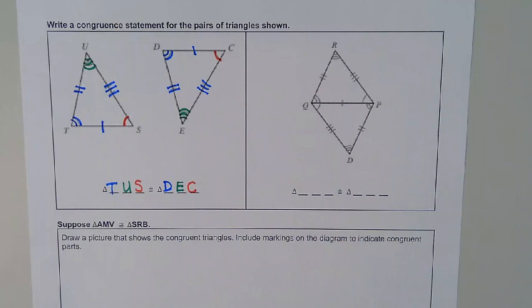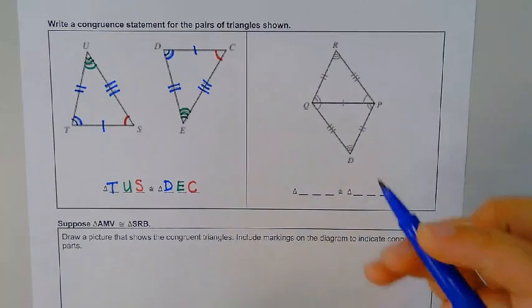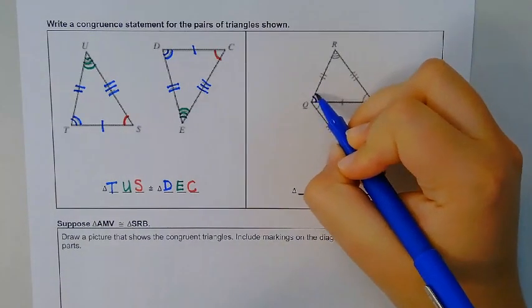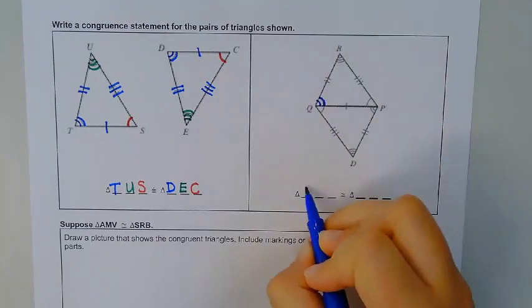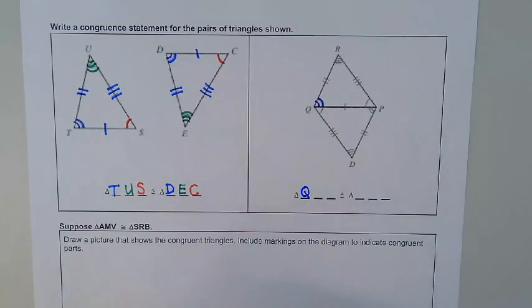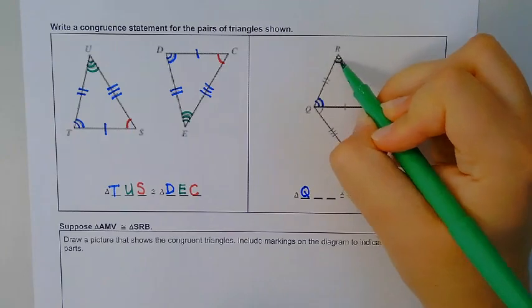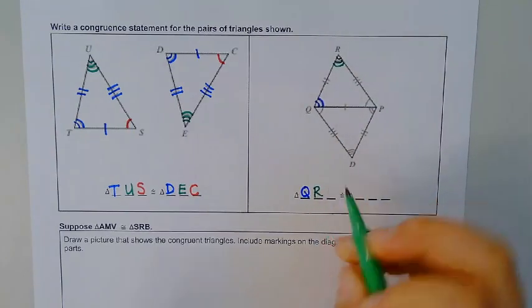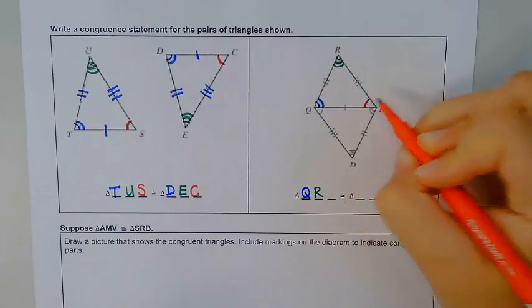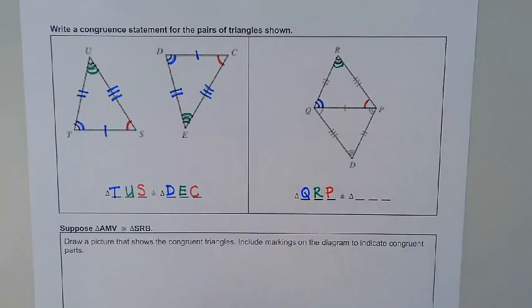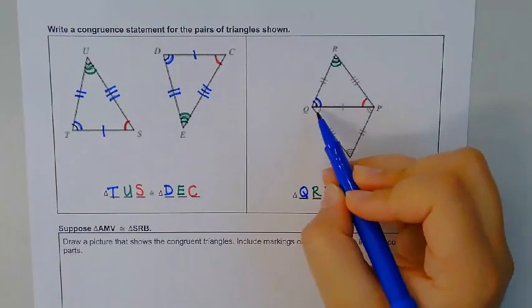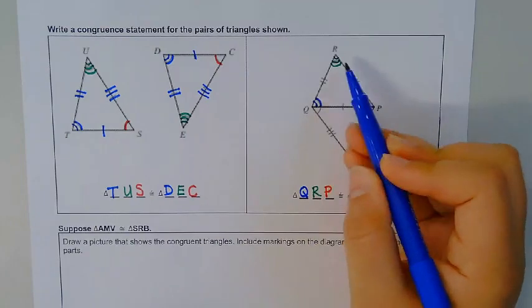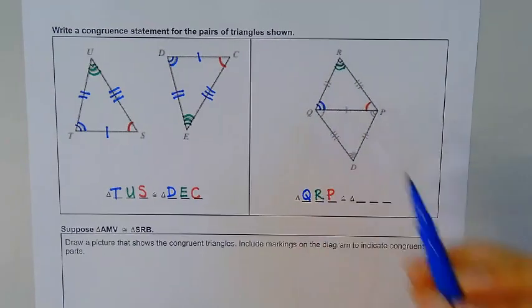So let's start by just looking at the angles. I'm going to start with the top here. I'm going to start with Q, and then we'll go up to R at the top, and then P. Again, I'm going to look at the angles when I name this first. So what angle corresponds to angle RQP in this first triangle?